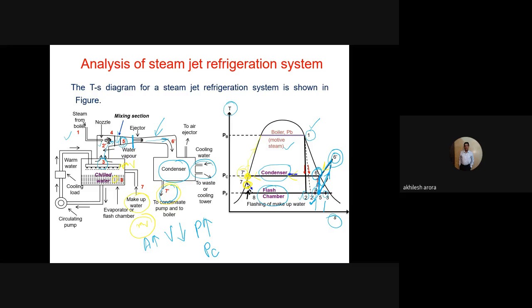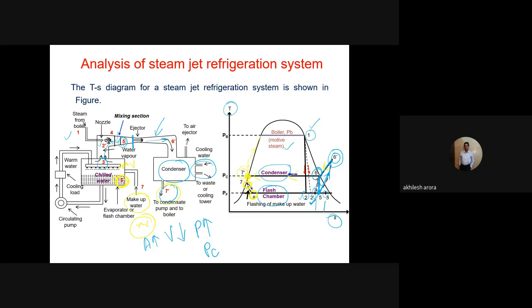So the moment it enters here, there is a drop in its enthalpy. Okay, its enthalpy is reduced. Sorry, not enthalpy is reduced. Because of the suction which is being created, its pressure is dropped actually. Okay, and it reaches here at state point 8 actually. So this water is available here at state point 8, and this is also the flash chamber pressure.